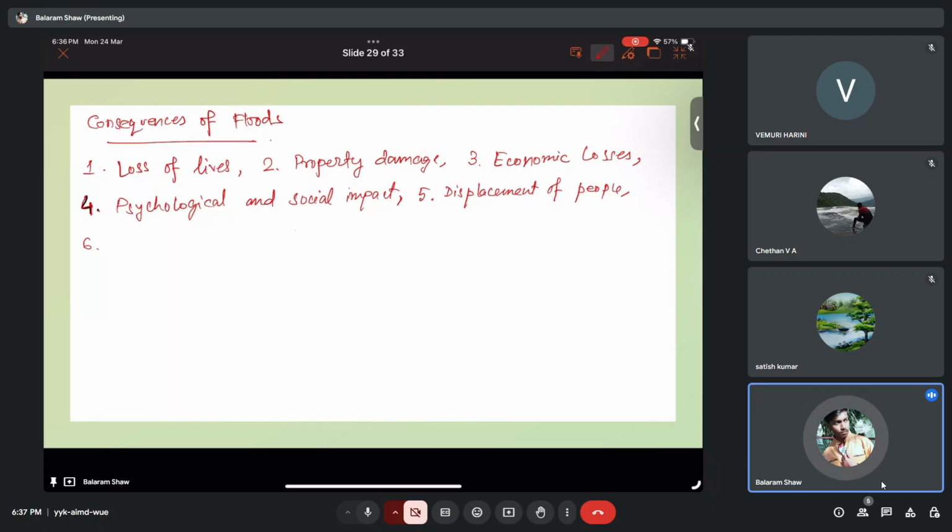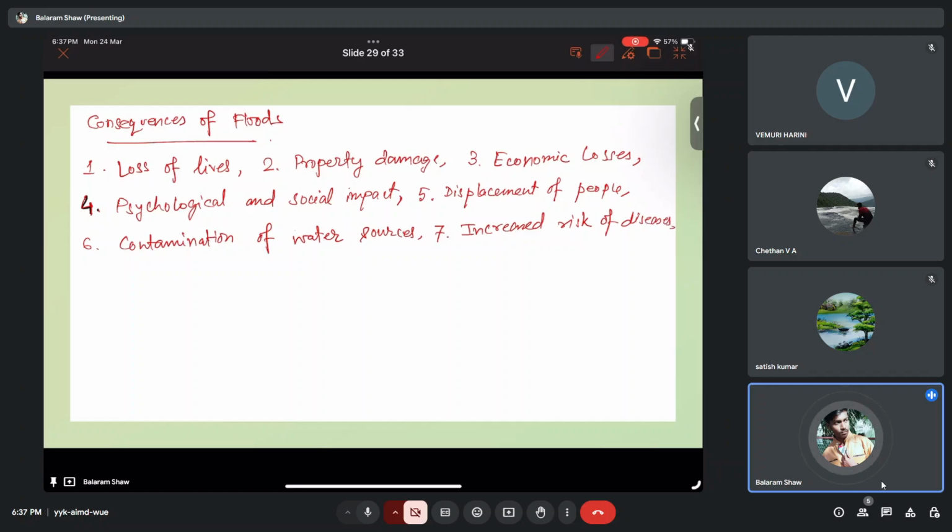So this can lead to several waterborne diseases and health issues for affected communities, and hence we have contamination of water sources, isn't it? Anything other than this? As I mentioned, it can increase the risk of diseases.